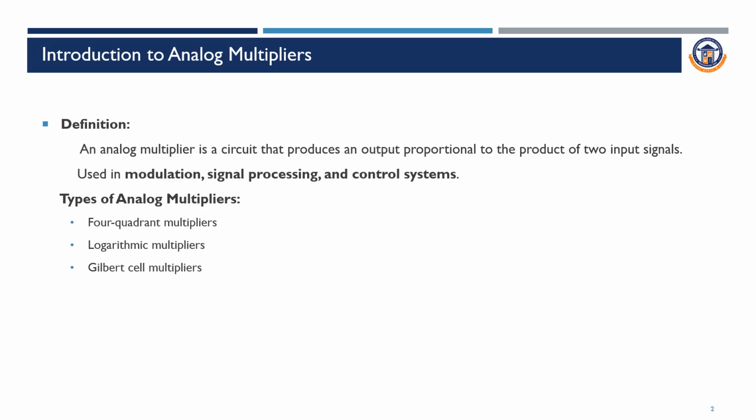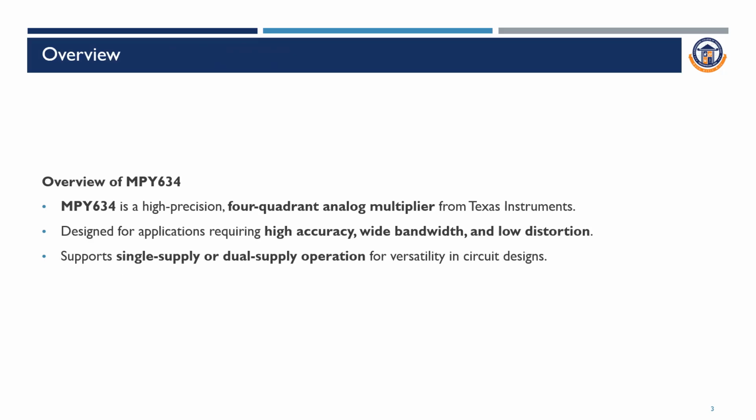Here, the 4-quadrant multiplier uses both signals swinging between the positive and negative sides. Similarly, we have the logarithmic multipliers and Gilbert cell multipliers. Gilbert cell multipliers we have already seen in the analog multiplier, which uses transistors and so on.